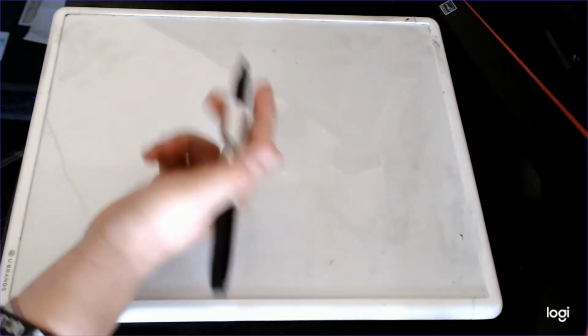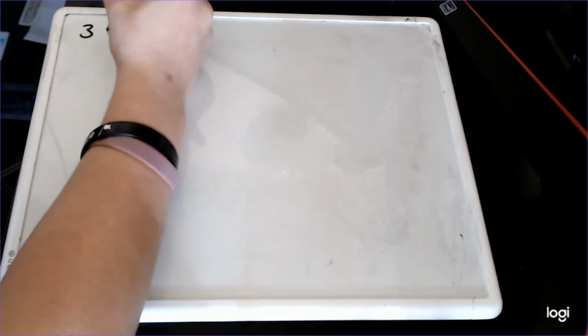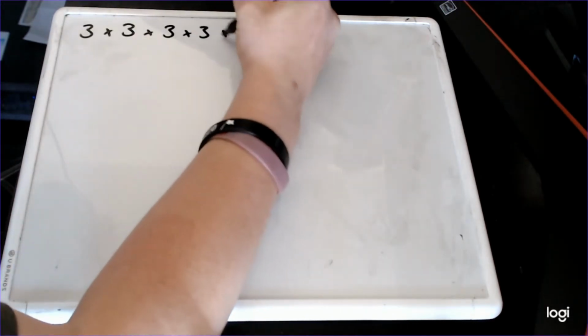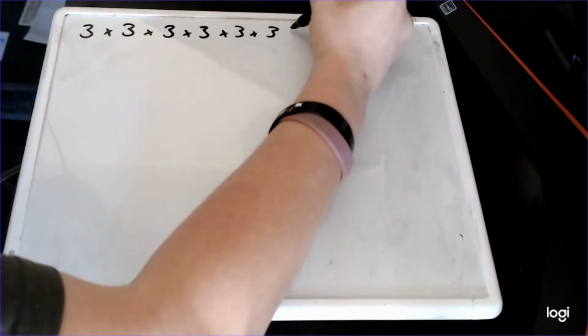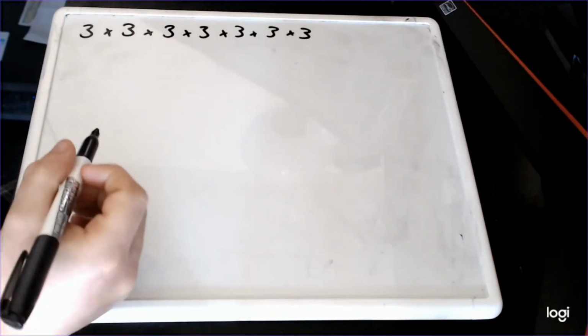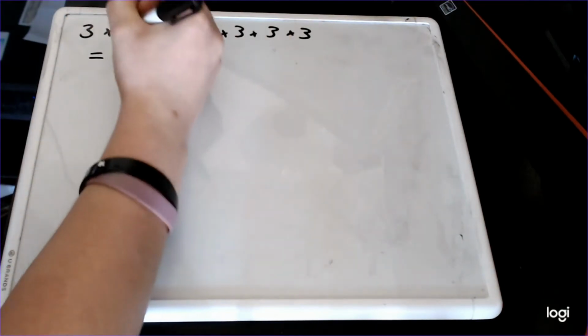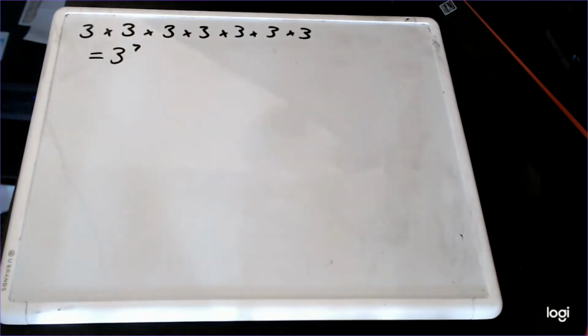Well, the first obvious thing is I could write out 3 times 3 times 3 times 3 times 3 times 3, right? But I could also just write 3 to the exponent 7.